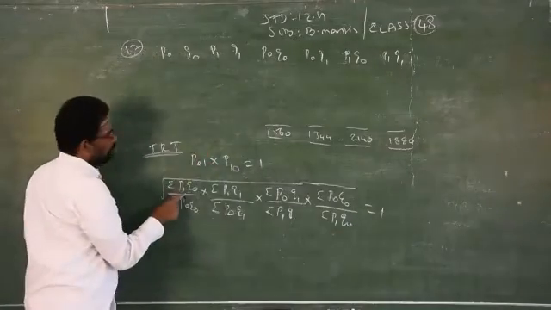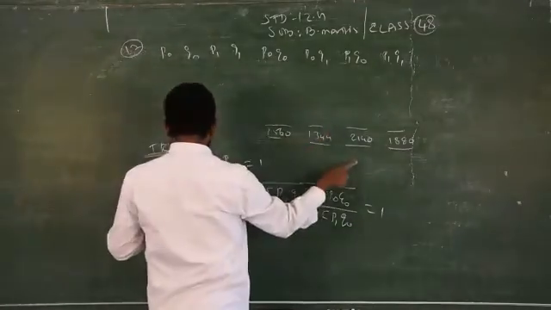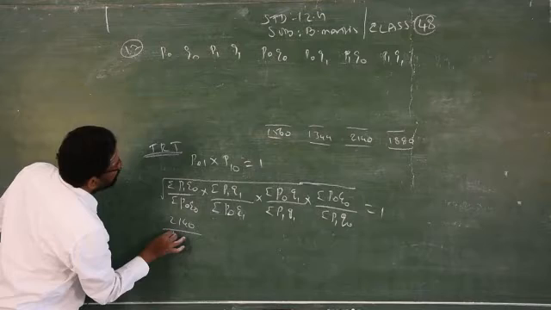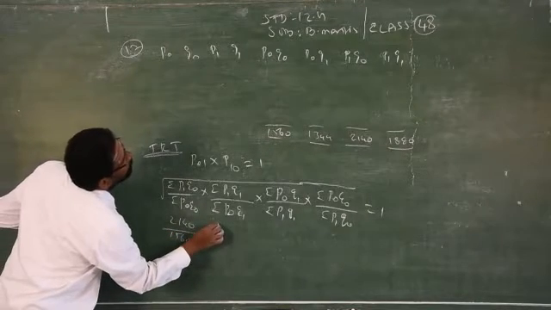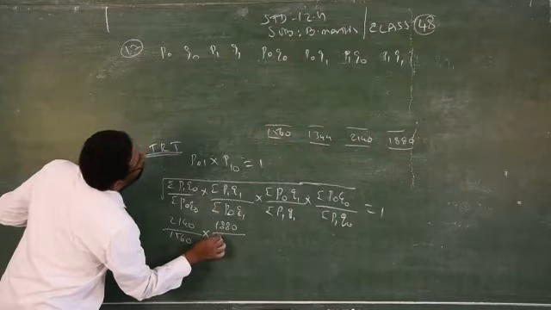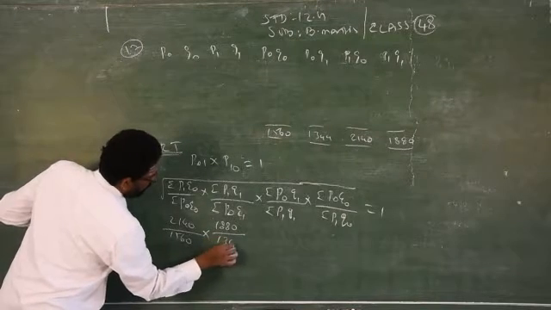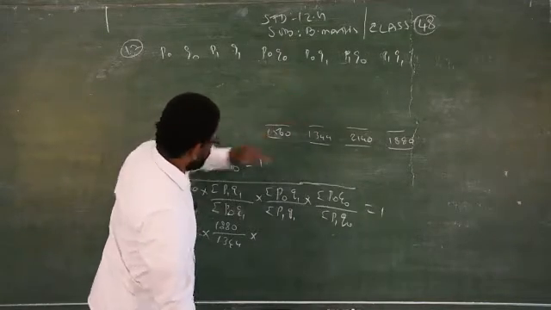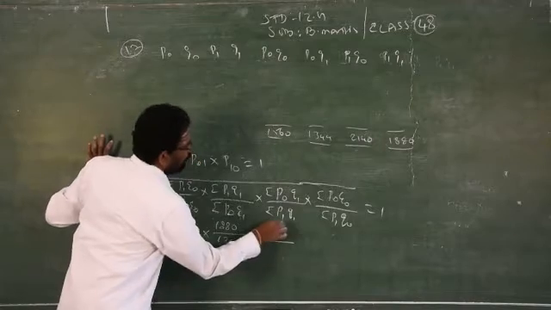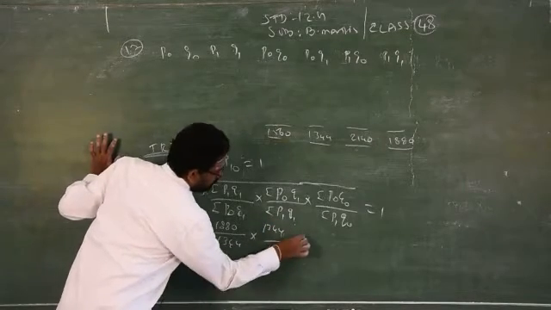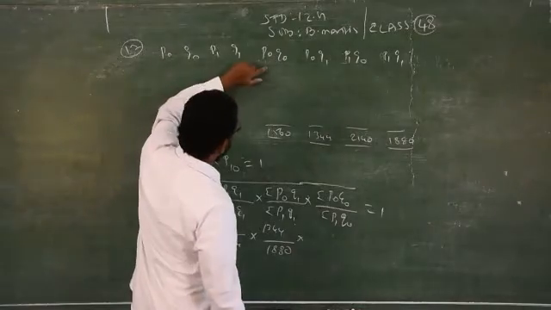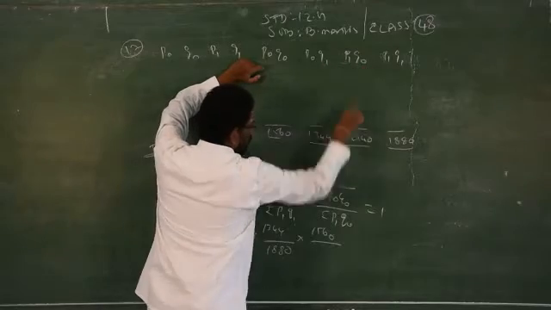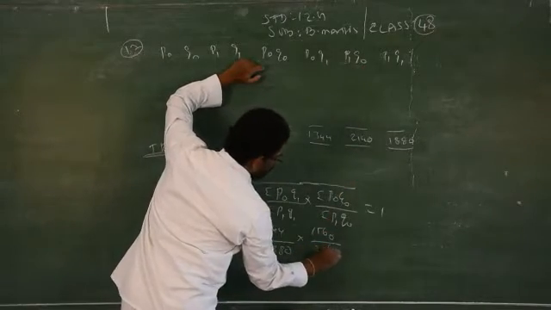P1 Q0 stands for 2140. P0 Q0 is 1560. P1 Q1 is 1880. P0 Q1 is 1344. Where is P0 Q1? 1344. P1 Q1 is 1880. Then P0 Q0 is 1560, and P1 Q0 is 2140. Square root.